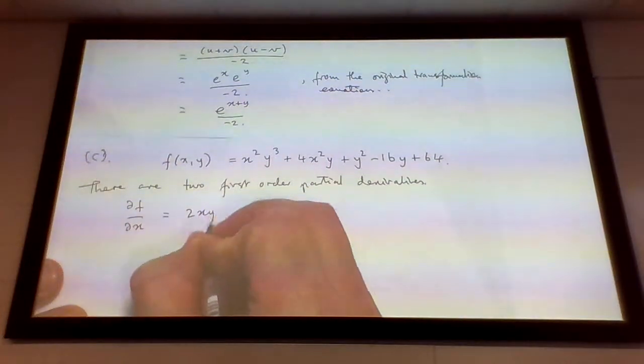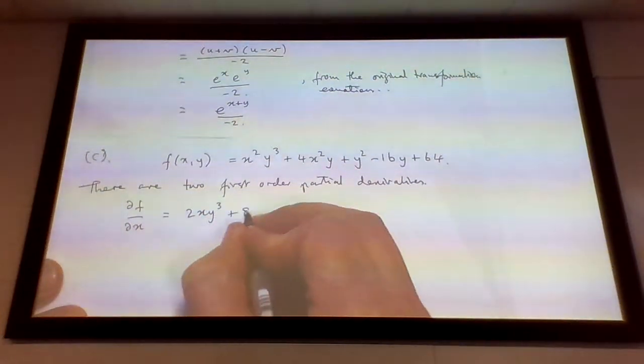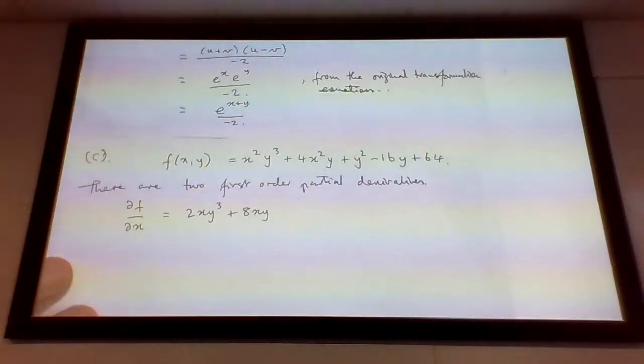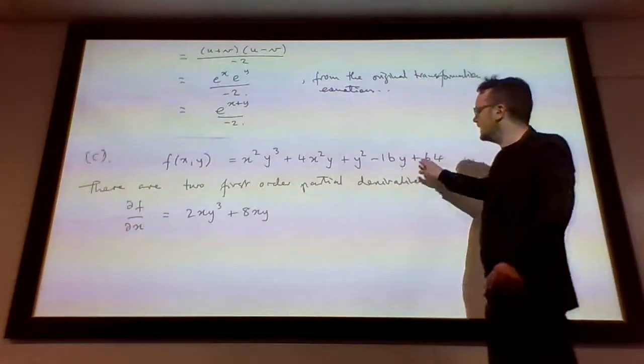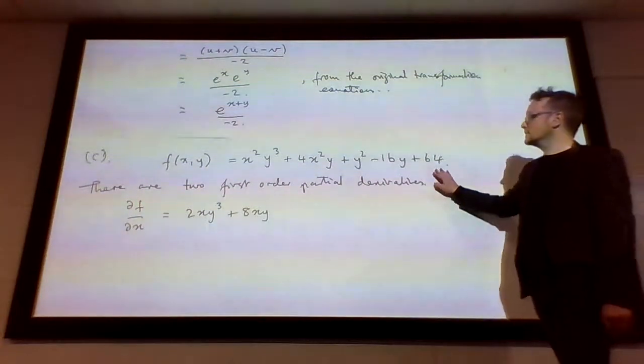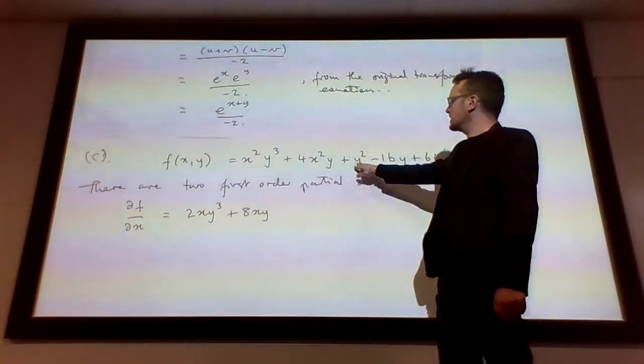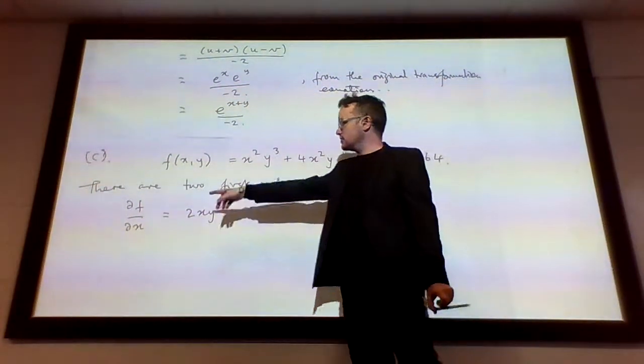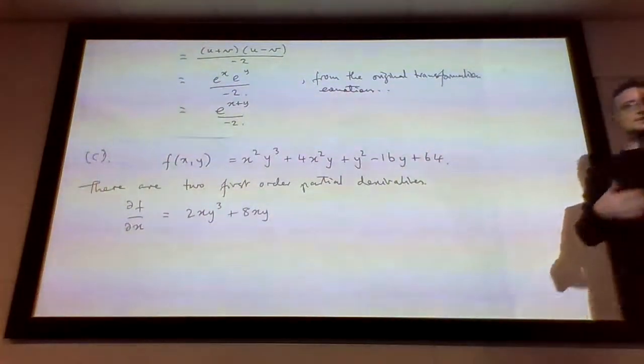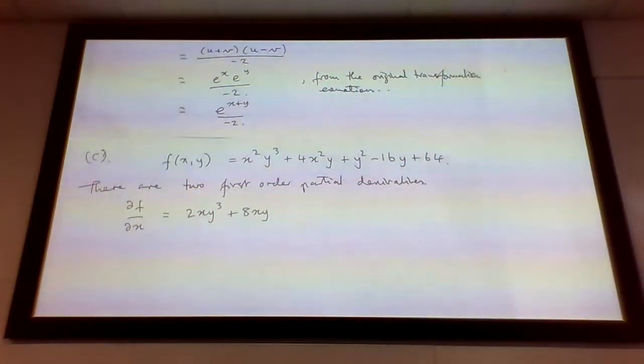So we've got 2xy cubed plus 8xy. Well, that's all it is, because everything else has no x's in it. It's either a constant or it has a y only, and for the purposes of differentiating with respect to x, that other variable y is treated temporarily as if it were a constant.